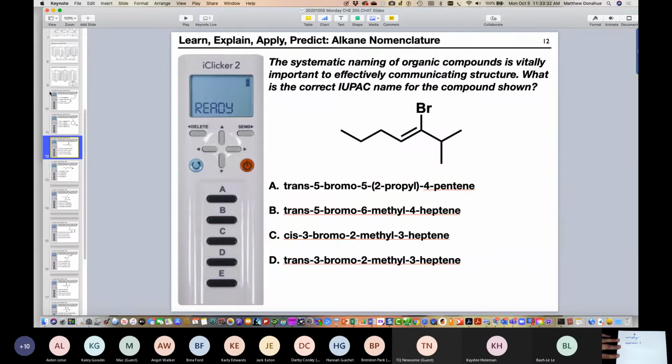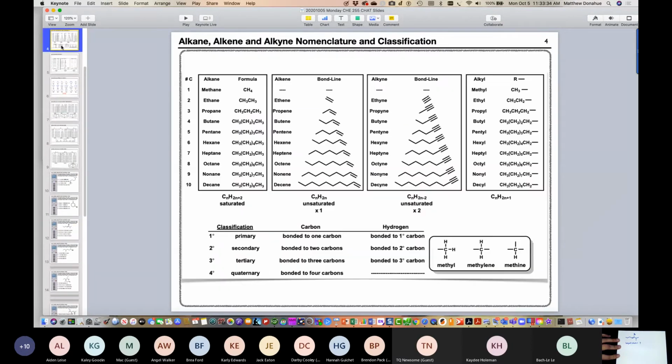So going back to the table, we see that 7 carbons is heptane. So when we circle that, we can see that within that 7 carbon chain, there's a pi bond, right?